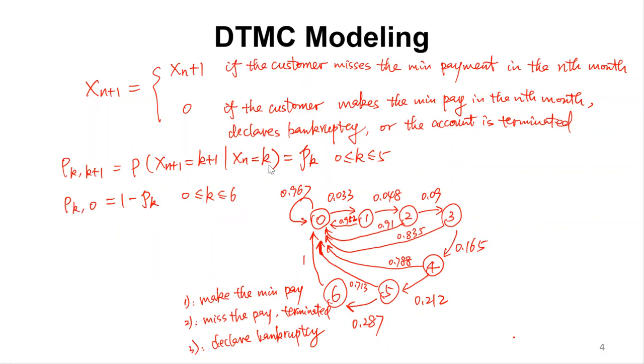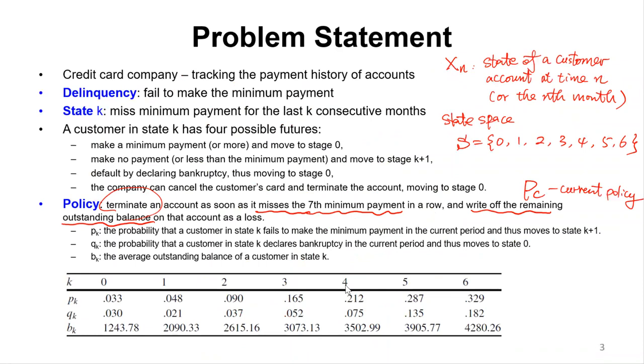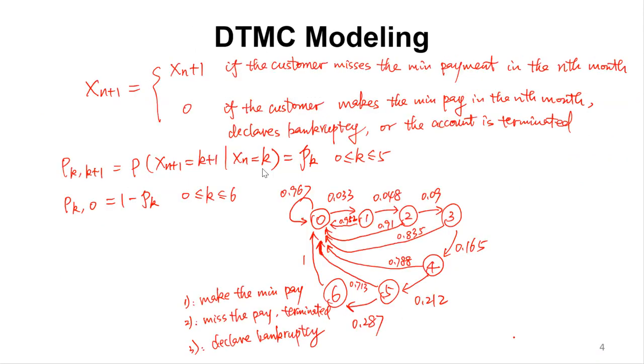But in any of these states, you have a probability to go to 0: declare bankruptcy, or terminate the account, or make the minimum payment. From any state K to 0, this is actually 1 minus P_K. P_K is the probability of missing the minimum payment and going to the next state.